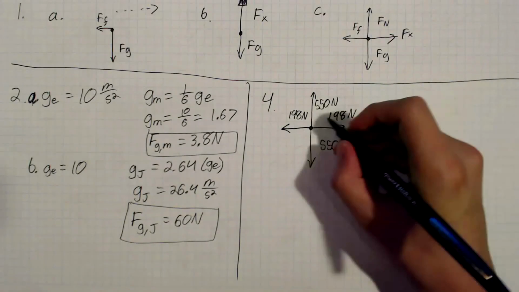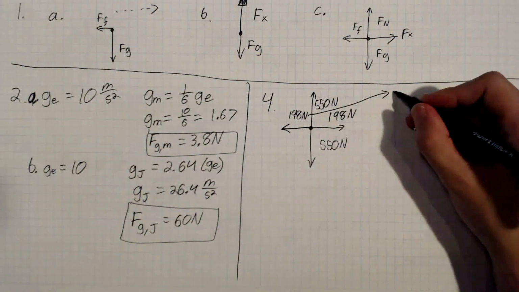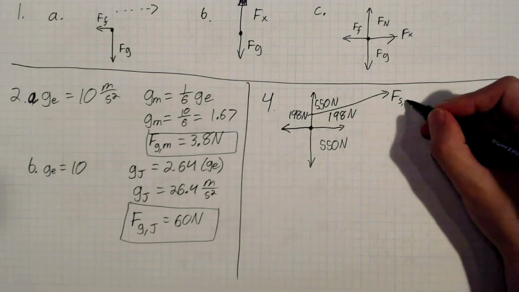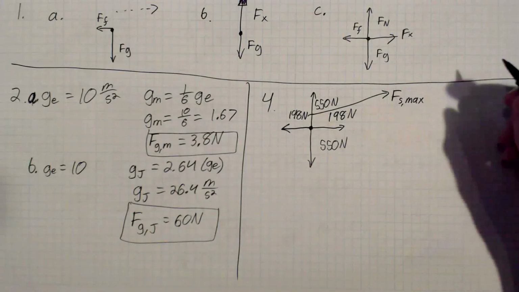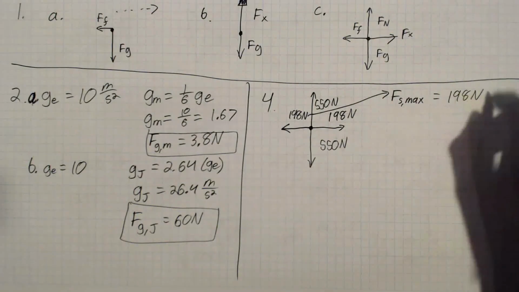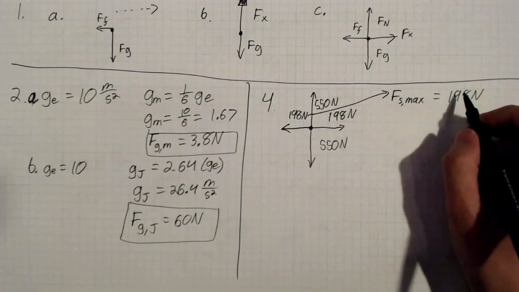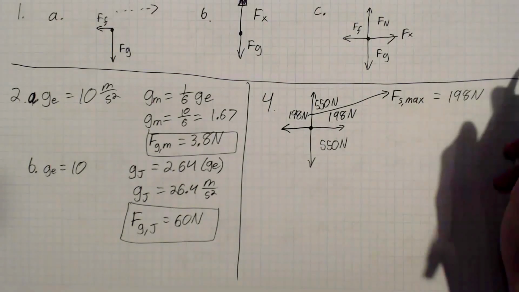So this force over here is equal to our maximum static frictional force, and it's going to be equal to the applied force of 198 newtons, because that's barely what it takes to get her moving. It's just enough to overcome this, so they're equal.